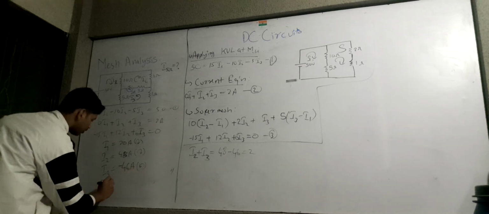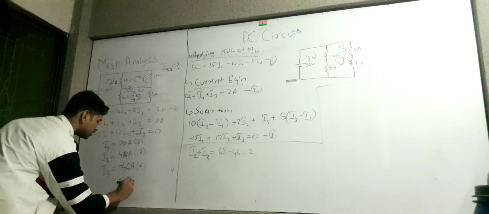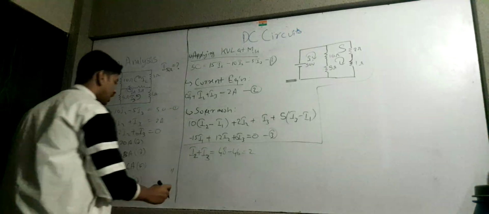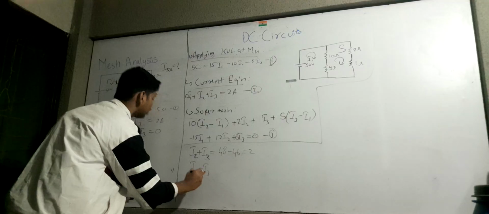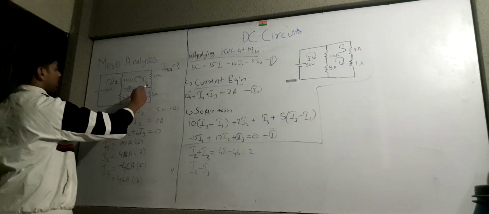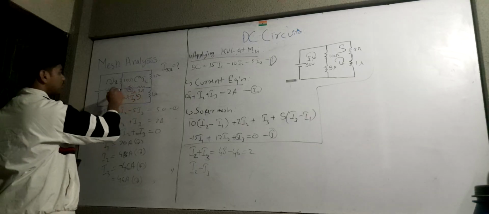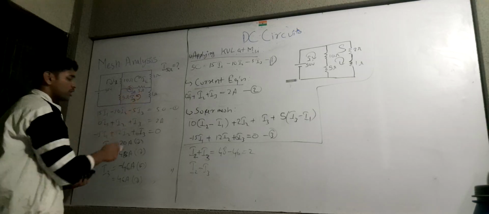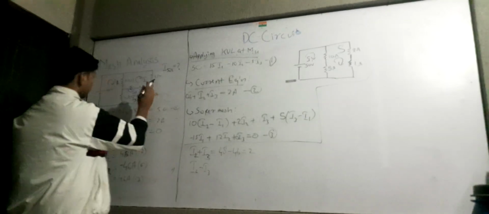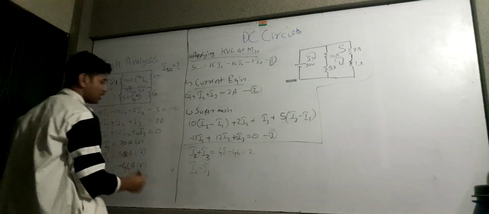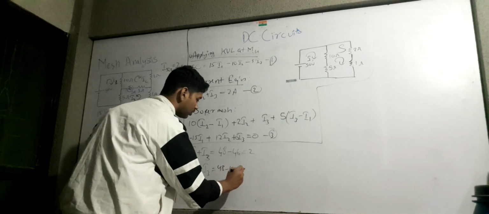Now this can also be written as 46 ampere in the clockwise direction, and that is simply I2 minus I3, because I2 is dominating, since the current of 2 amperes is flowing on that side, equal to 48 minus 46, that would give us 2.